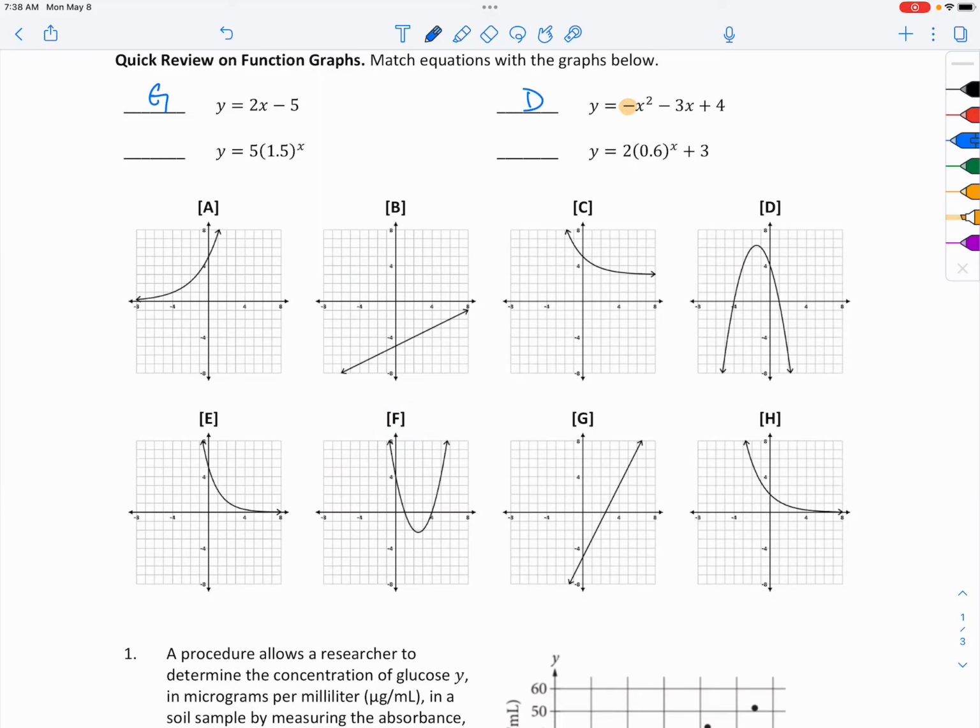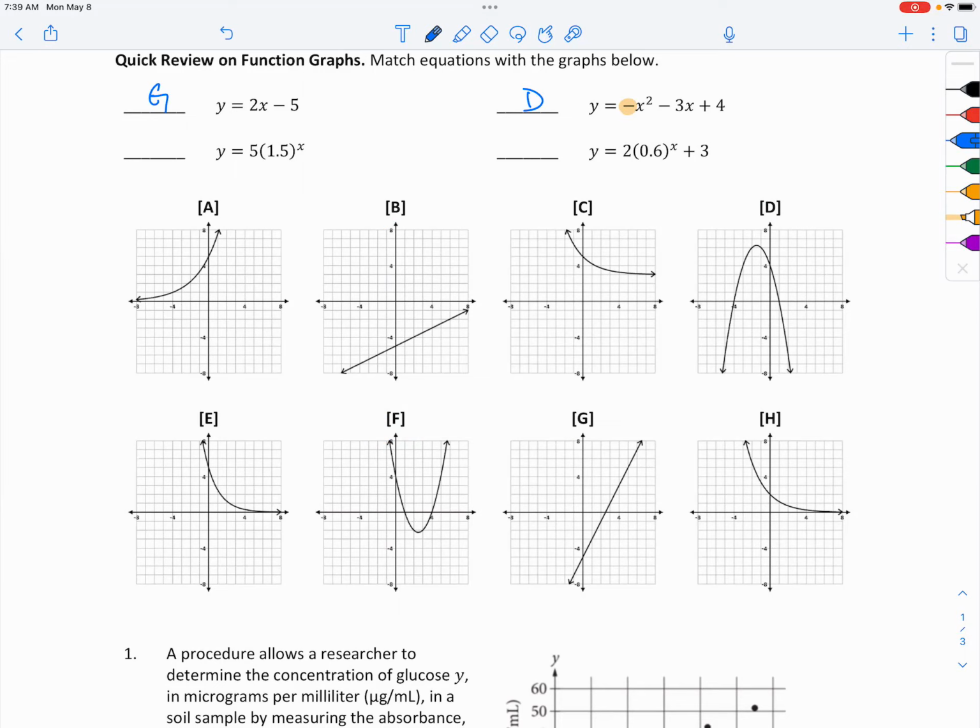All right. So what about the exponential functions down below? We have two exponential functions right here. The one on the left says 5 times 1.5 to the x power.